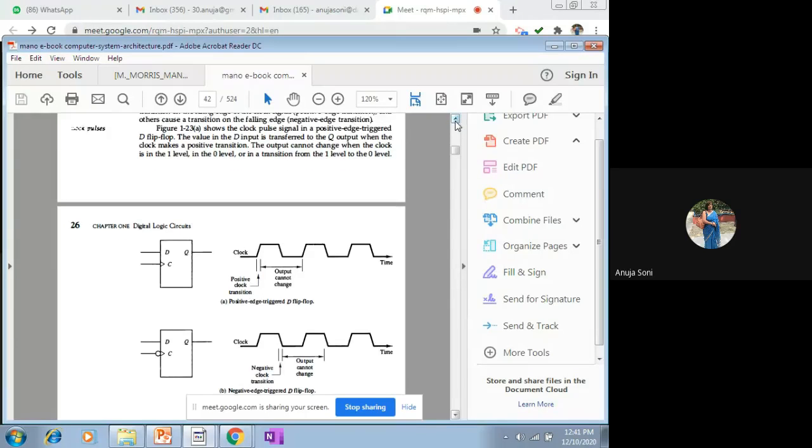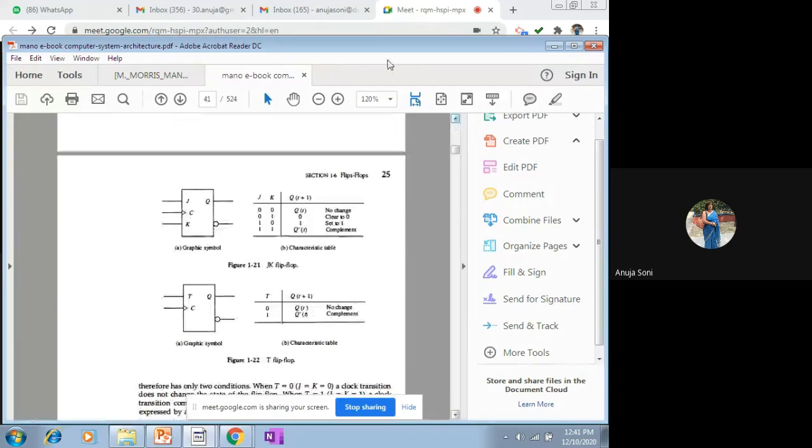I go back to the characteristic table. See, what we are observing? We are observing the behavior of the output variable Q, which is being generated at the t plus 1th timing signal, but we are analyzing its behavior in the context of the previously generated output variable at the tth timing signal.